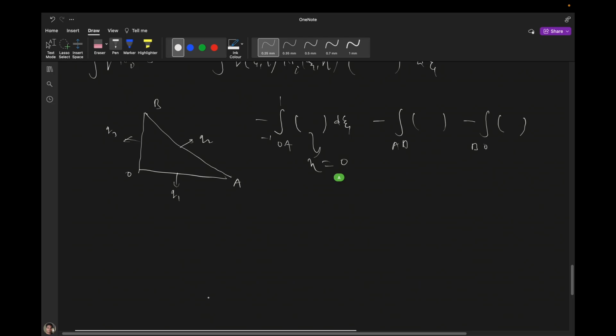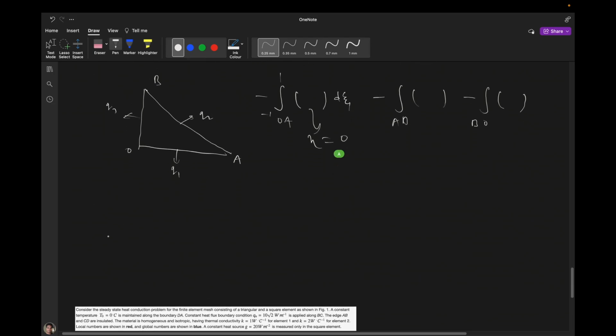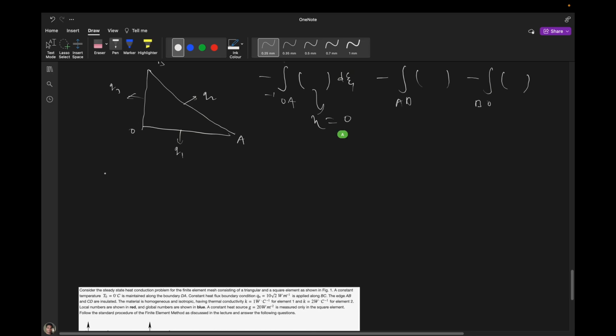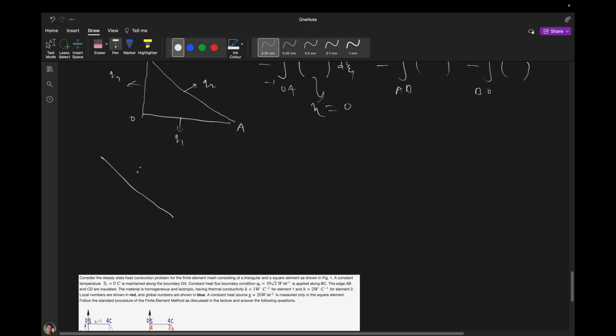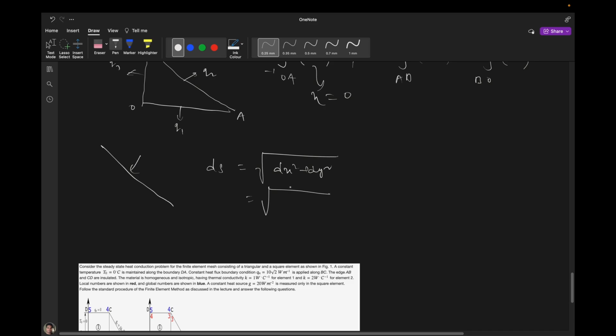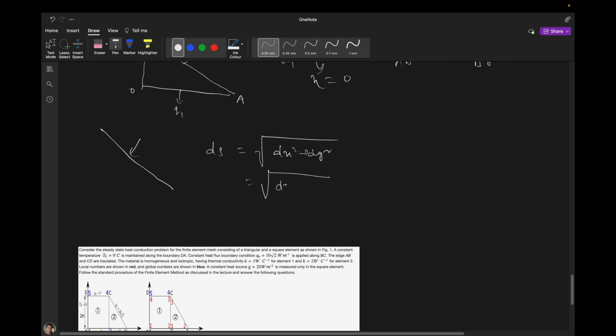Let's check what will happen with AB, because we have to convert ds into either del xi or del eta. So ds can be written as the square root of dx square plus dy square, and dx and dy can also be written as dx by del xi raised to the power 2 plus dy by del xi raised to the power 2, times del xi.